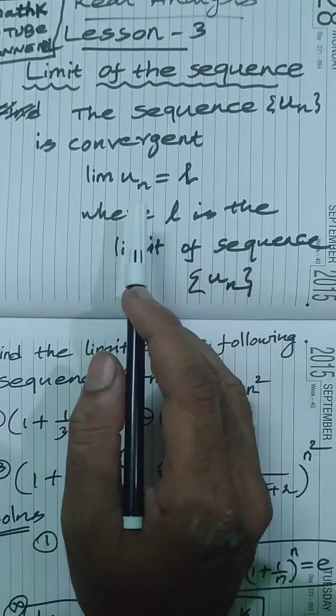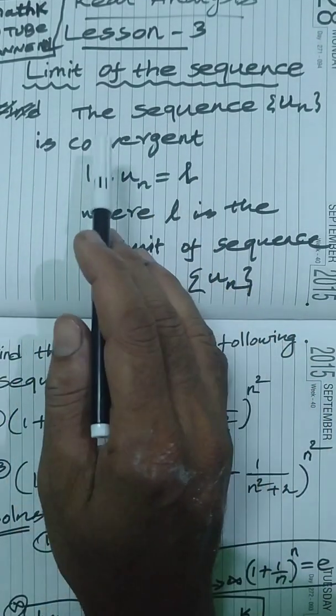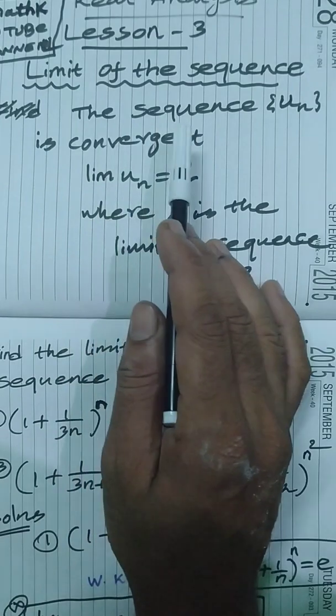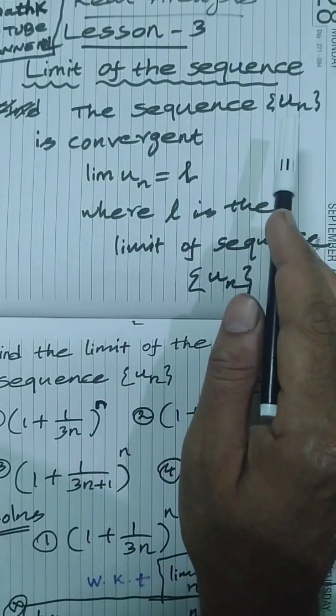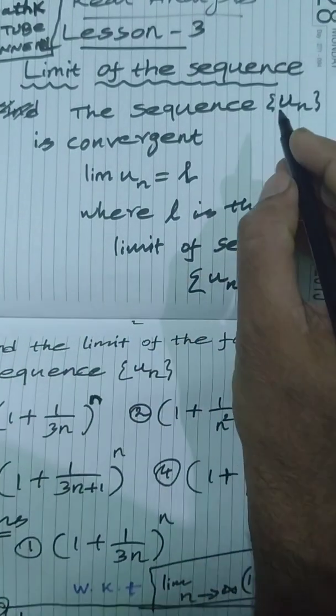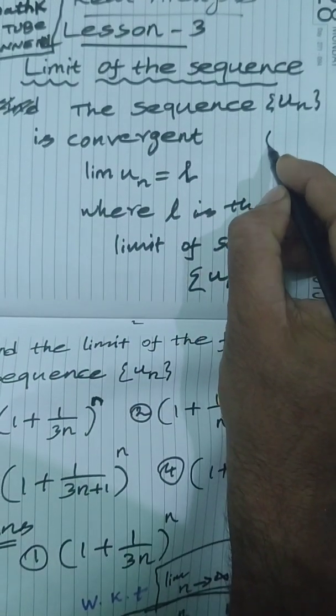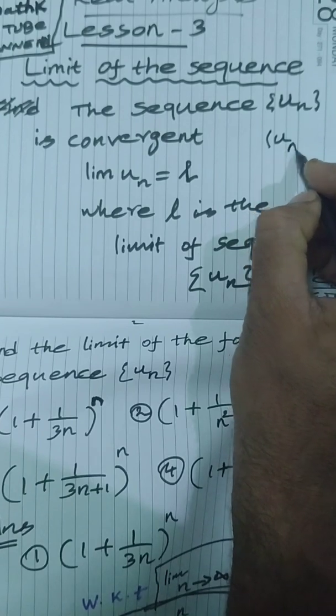Now, the first definition we are going to see. What definition? The sequence, symbolically using this bracket, otherwise you write it as U_n.